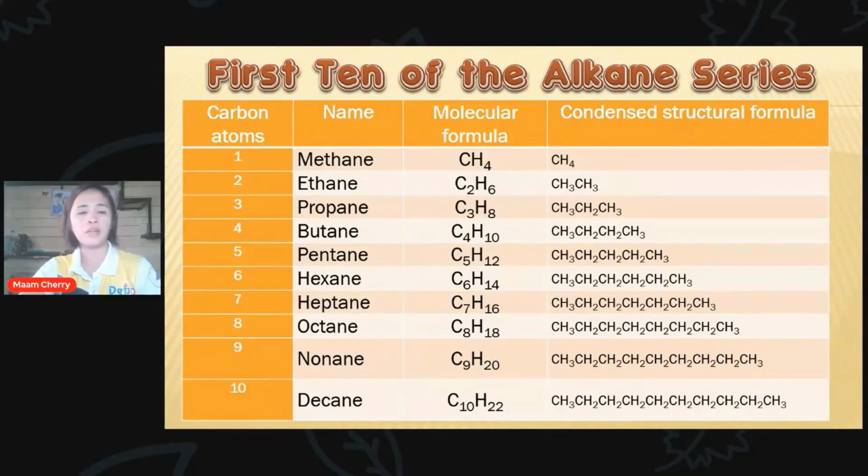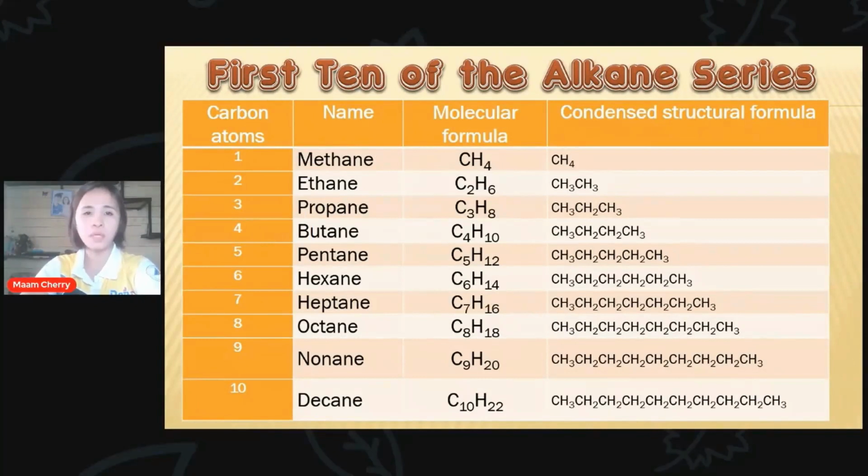Then, the molecular formula for methane, CH4, condensed structural formula is CH4 also. Mamaya may mga example din ako ng expanded formula. Pag molecular formula, ganito lang itsura. Kapag condensed, tulad dito sa ethane, pinaghiwalay lang yung dalawang carbon.